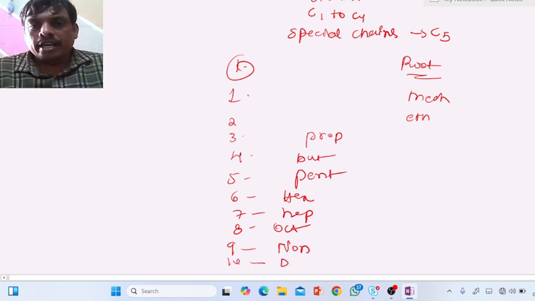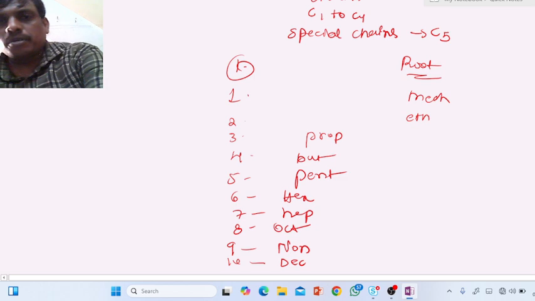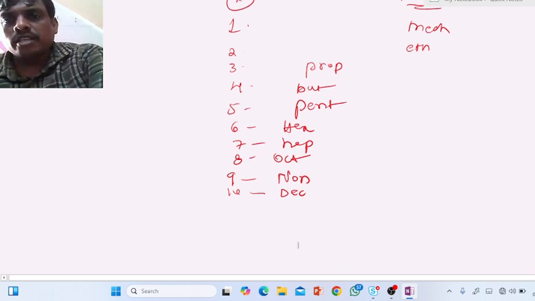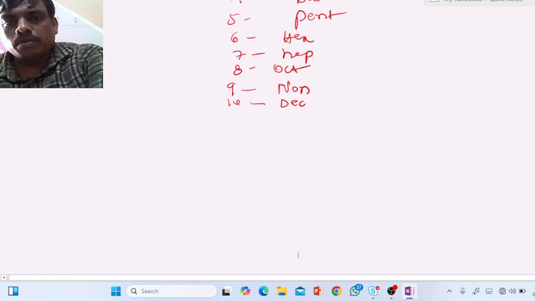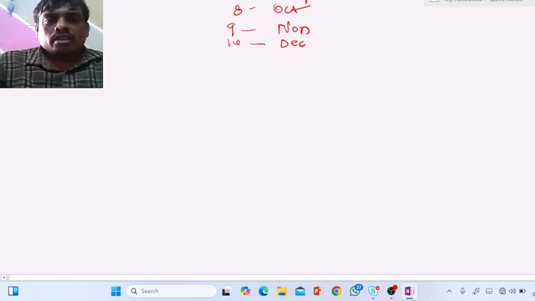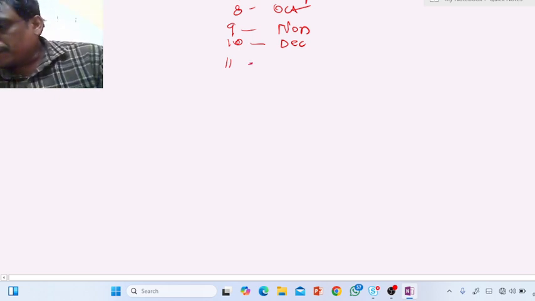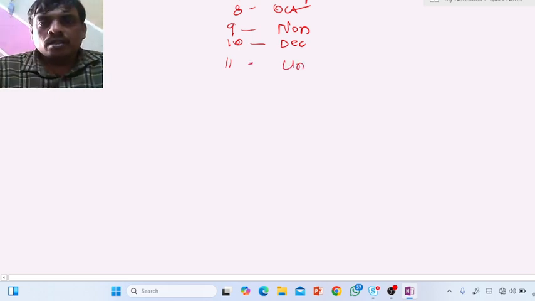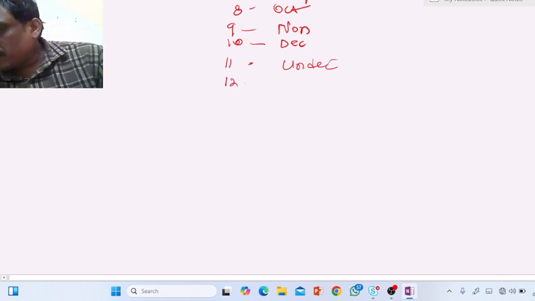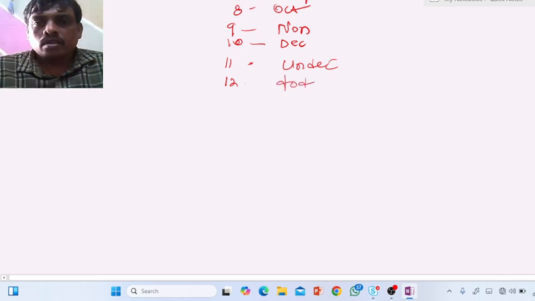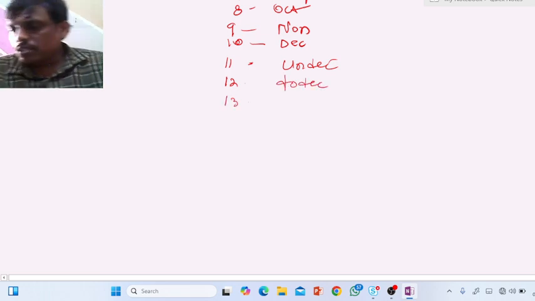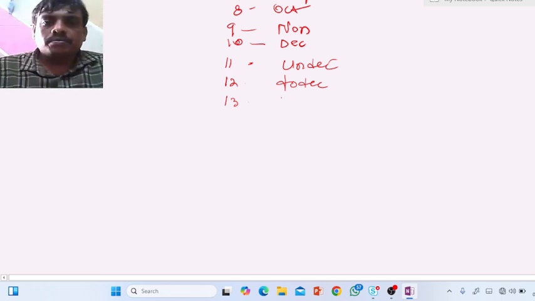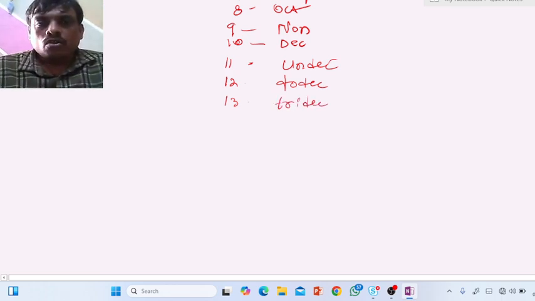10 carbons: deca. If there are 10 carbons in a chain, it will be represented by deca. If there are 11 carbons in a chain, it will be undeca. 12 carbons, dodeca. 13 carbons, trideca. 14 carbons, tetradeca.